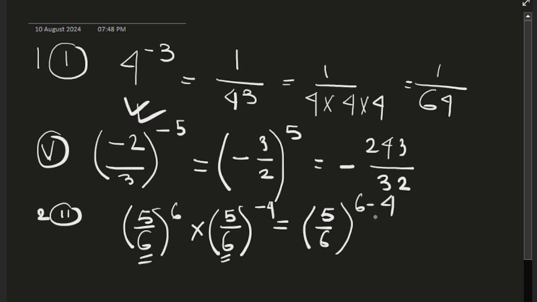Don't think we are subtracting here. We are actually adding, but as minus is there, plus minus 4 will become minus 4. So it will become 5 by 6 whole to the power of 2, which will become 25 by 36. The answer is 25 by 36.